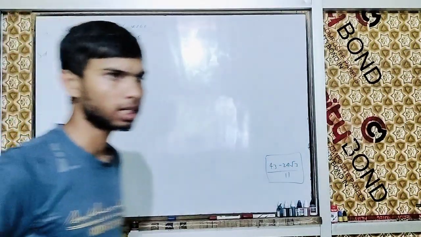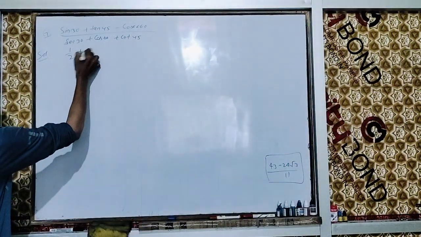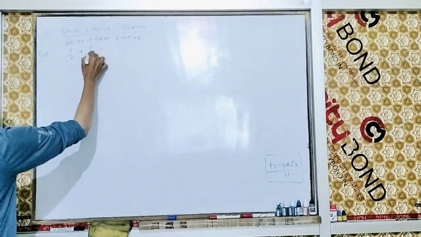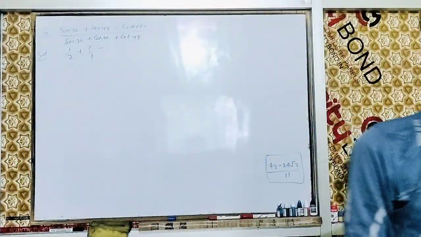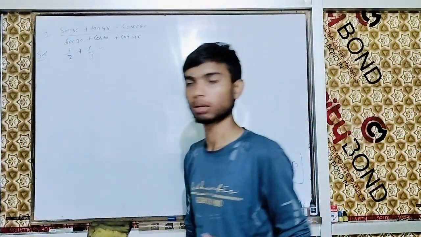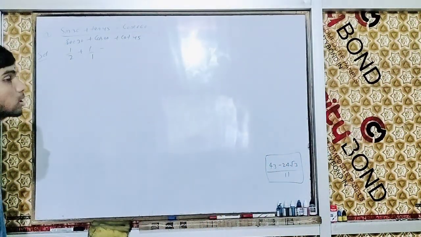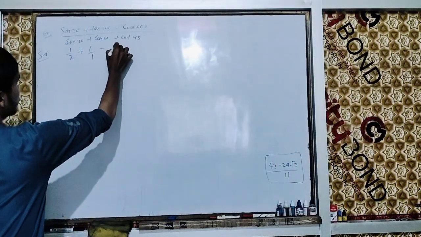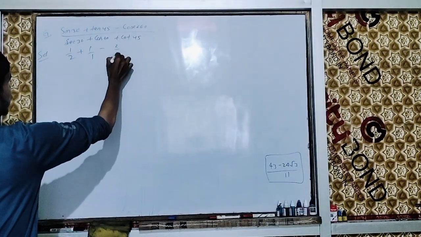Sin 30, the value of sin 30 we know. This is 1 upon 2. Tan 45 is 1. Then cosec 60. This is cosec, not cos, so this is the reciprocal of sine. So sin 60 is root 3 upon 2, so this will become 2 upon root 3.